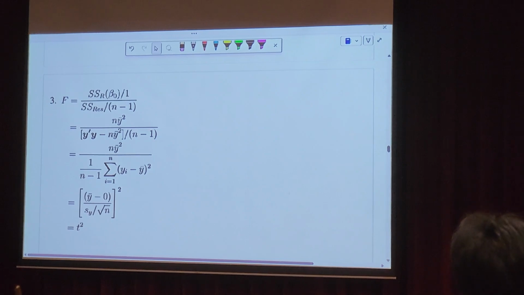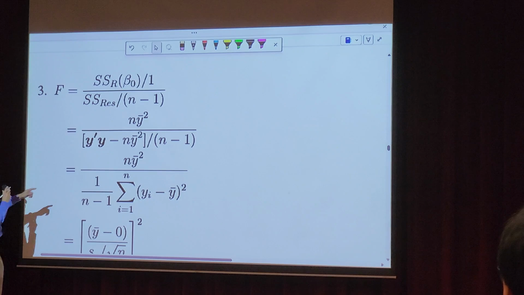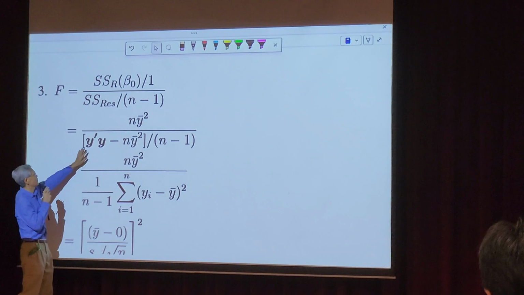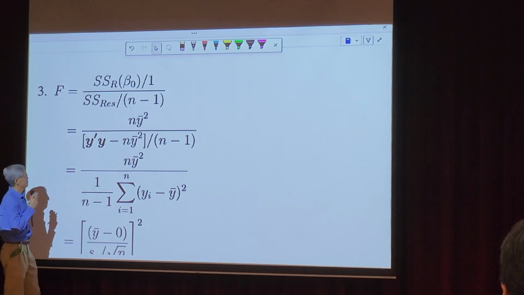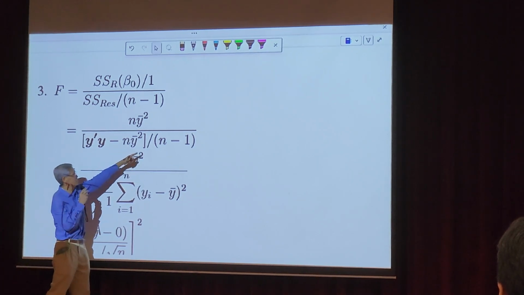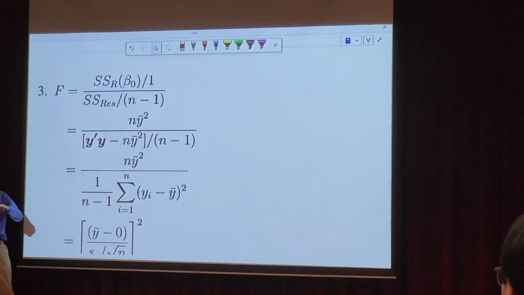F is SSR beta naught over 1 divided by the residue term. The numerator is n y bar squared. That's SSR beta naught. The sum of square residue is y prime y minus this, divided by n minus 1, exactly the way you calculated it before.